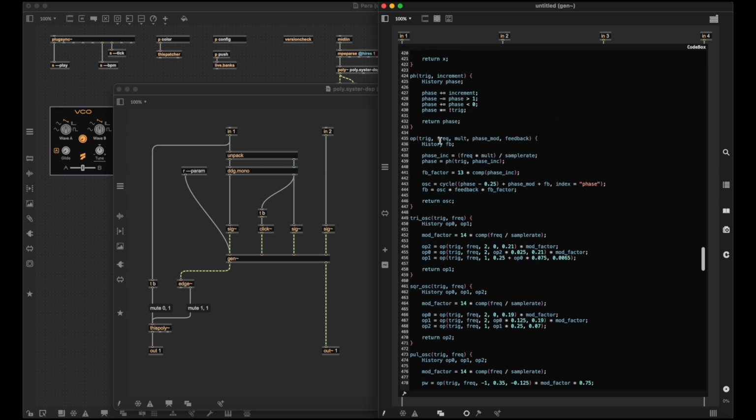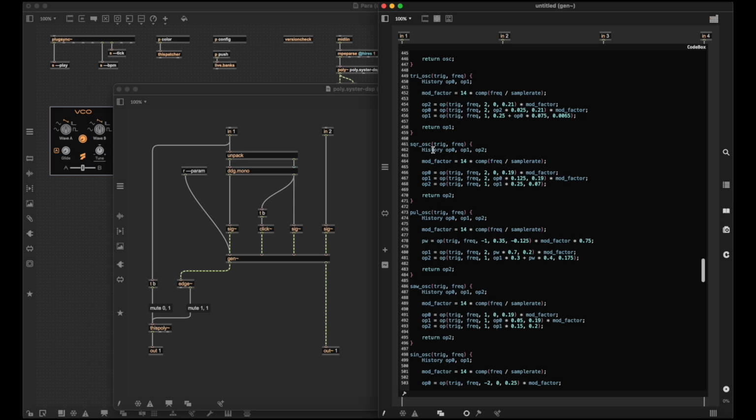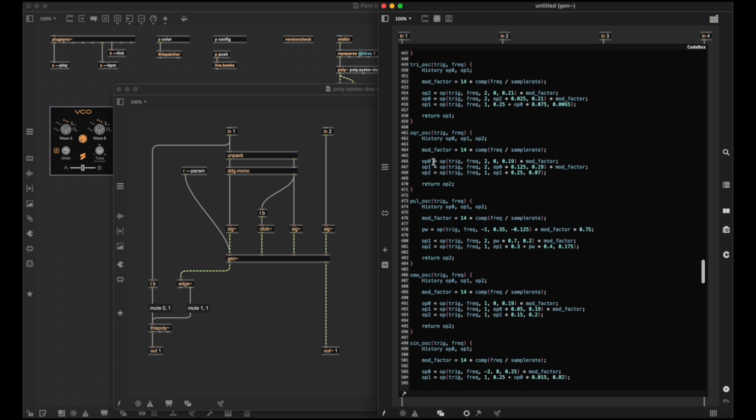So we have an operator here. The parameters are trig, frequency, multiple, phase modulation, and feedback. This is basically a base sine wave. And then for these different wave shapes, like the square oscillator, you have like 3 instances of that original sine wave operator, but it's set up suspiciously like phase modulation. So you have this operator at a multiple of 2, has a bit of feedback, and then the other operator is also at a multiple of 2.